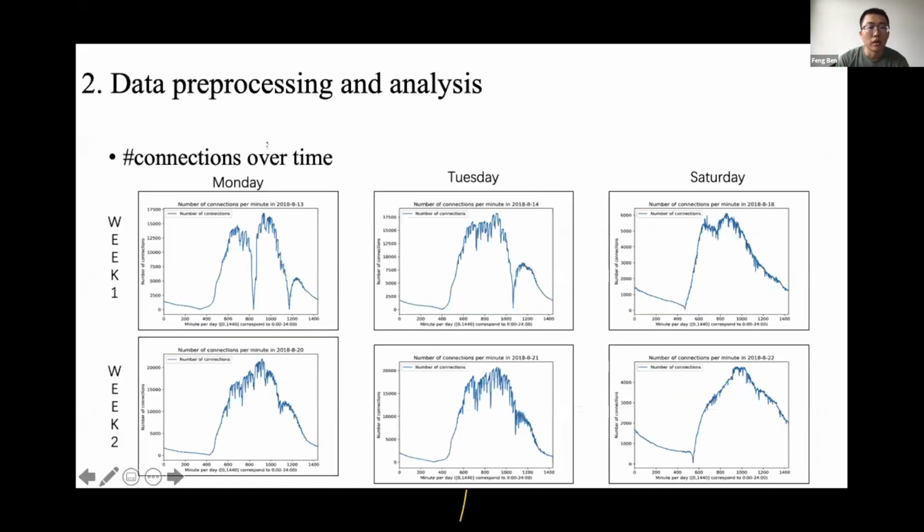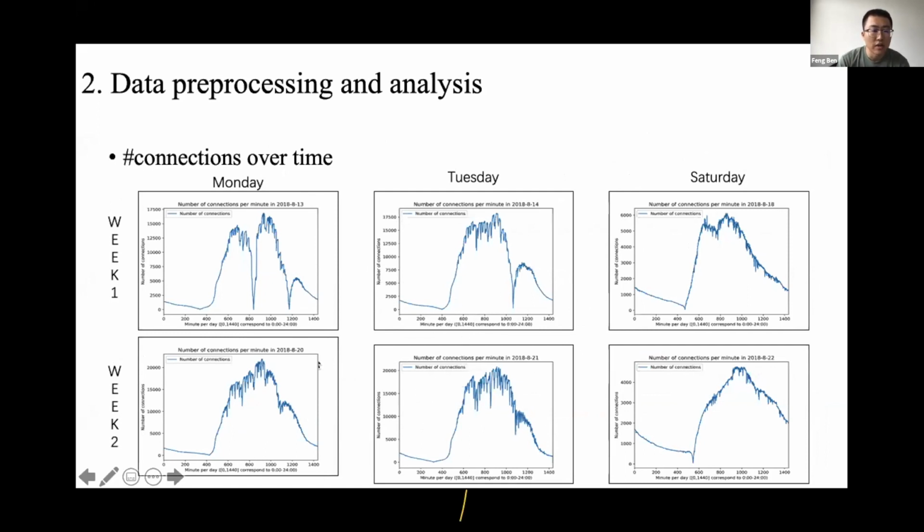Next, we analyze the number of connections over time. This row is the Monday, Tuesday, and Saturday for the first week, and this row is for week 2. There is a large difference between the work days of the first week and second week.